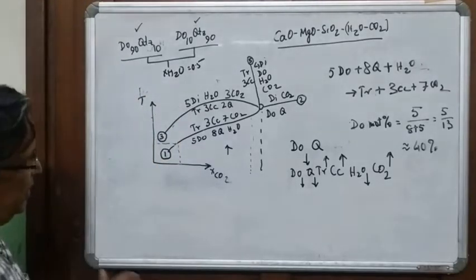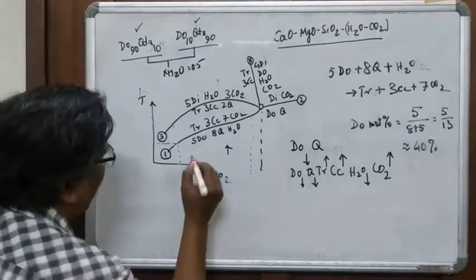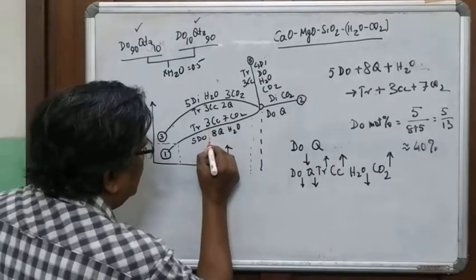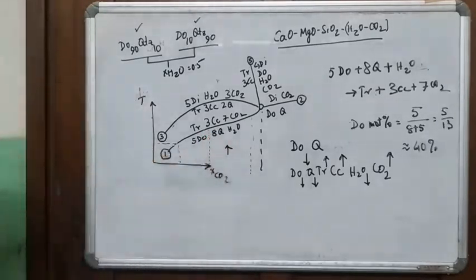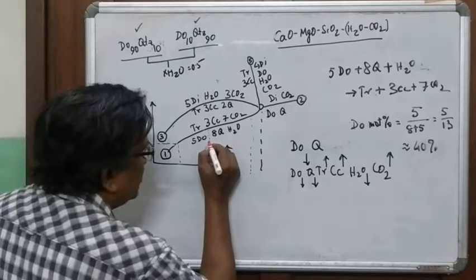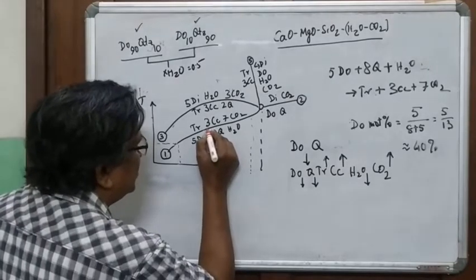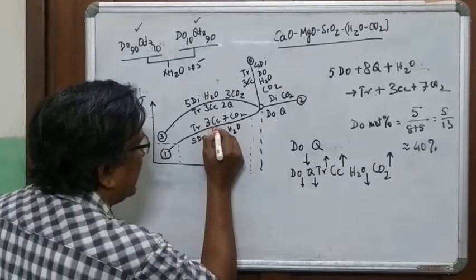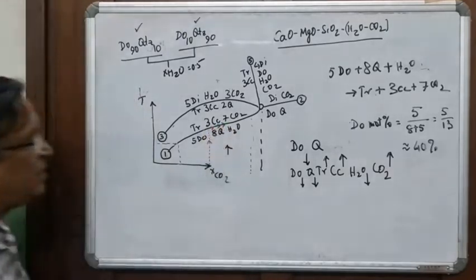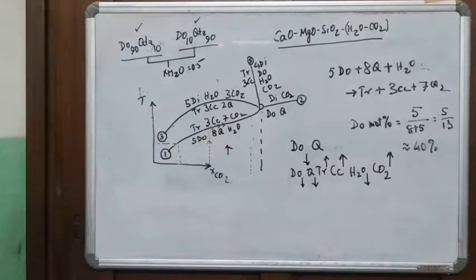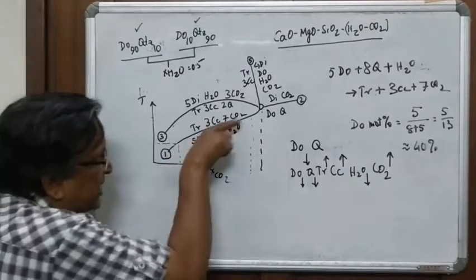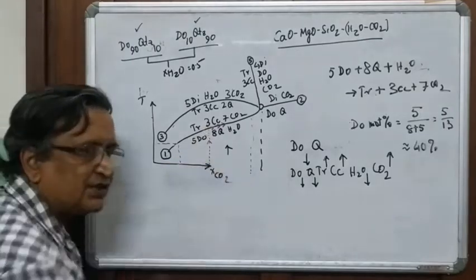So say for example you have a rock here, dolomite and quartz. It starts to react here. So what will happen once the reaction starts? At this point the reaction will move in this direction. Why? Because in this direction CO2 increases.